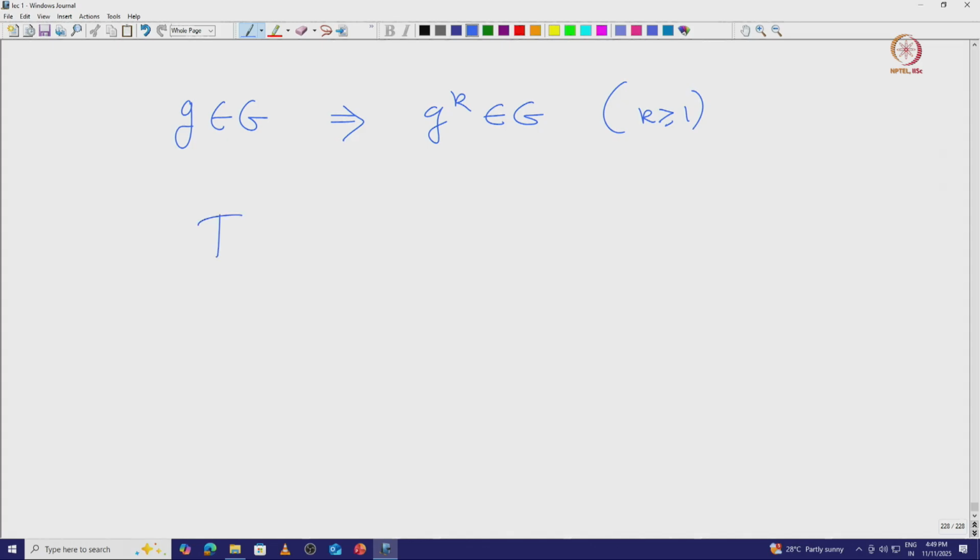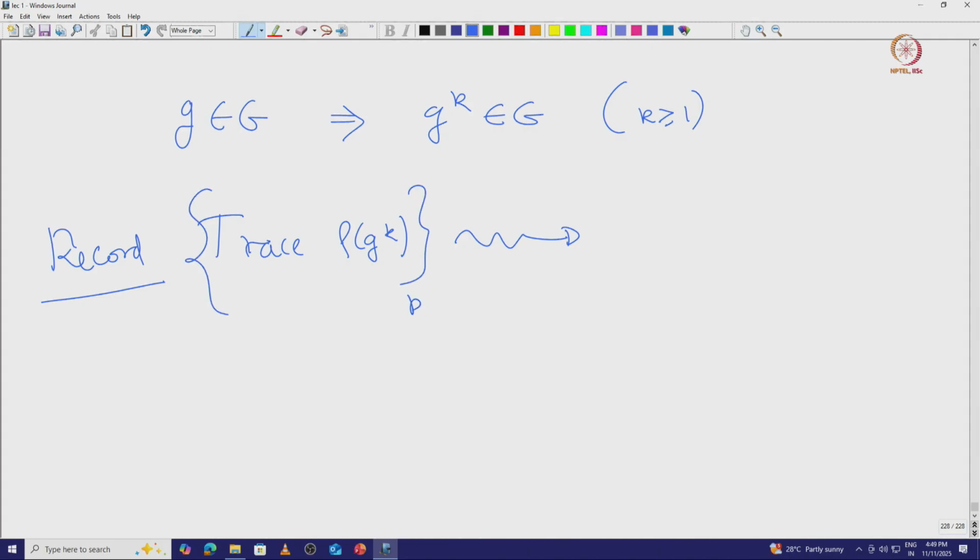So, if we can record the trace of all these rho of g power k, then from this it is expected that we will be able to recover rho of g, as rho of g is a diagonalizable operator. That is what indeed happens.